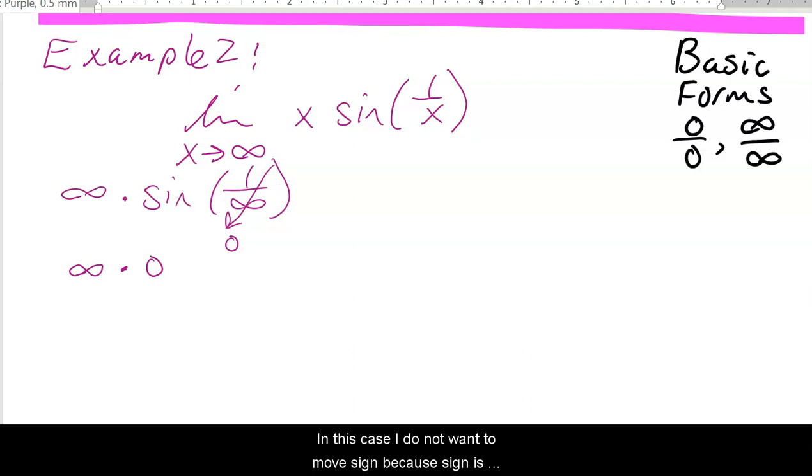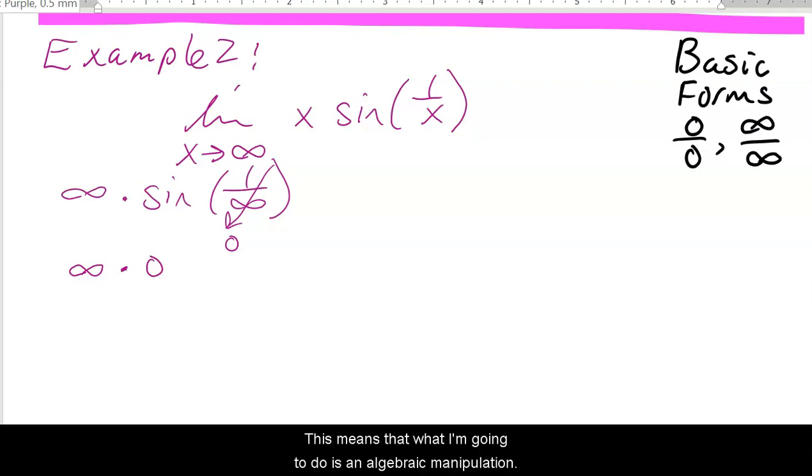In this case, I do not want to move sine, because sine is one of the basic trig functions that I understand pretty well. If it were cosecant, I would move it to the denominator and write it as sine. If I'm not moving sine, then I have to move x. Note that I cannot separate the argument to the trig function from the trig function itself.